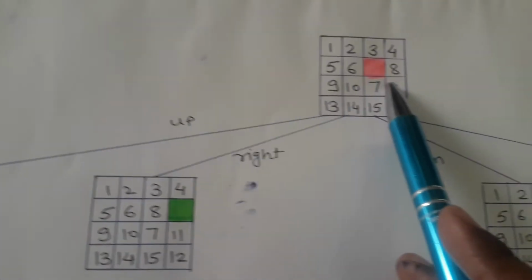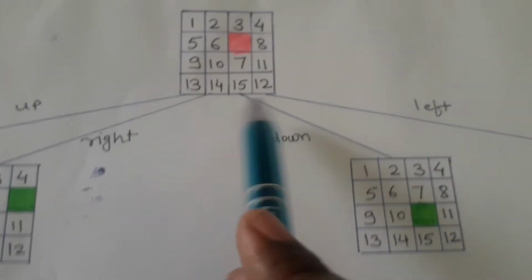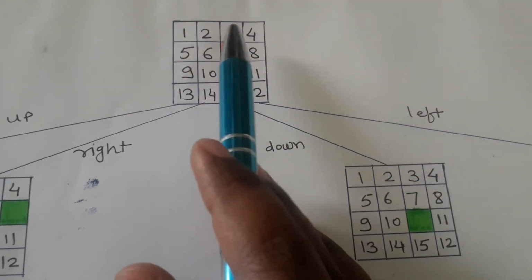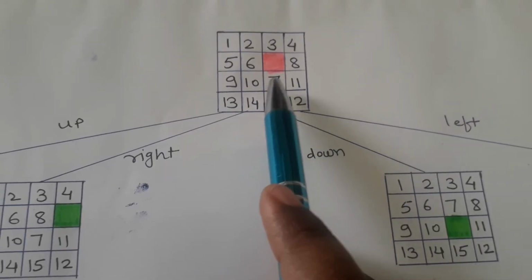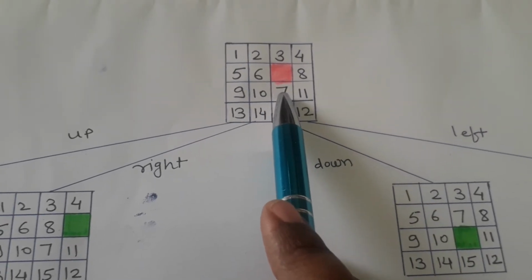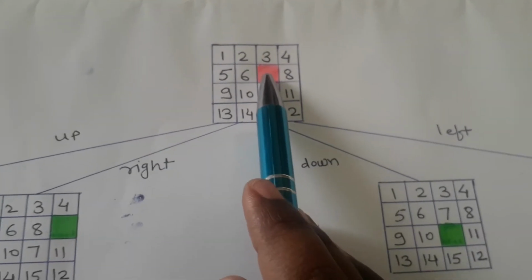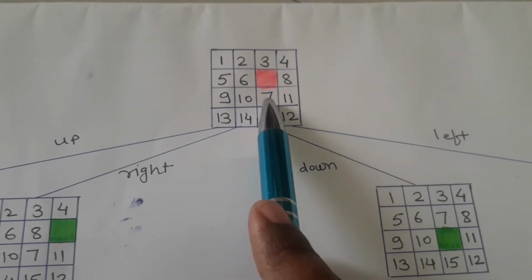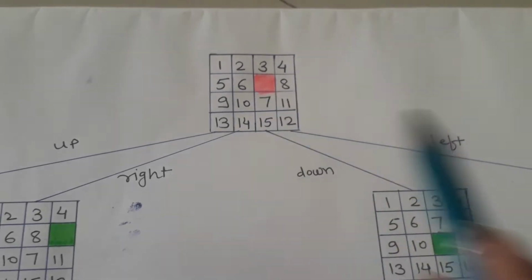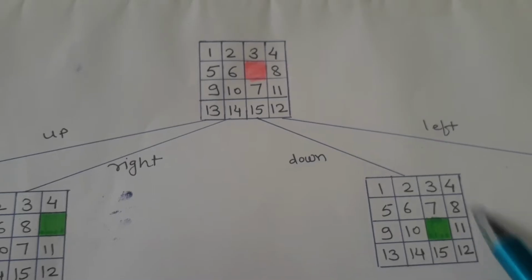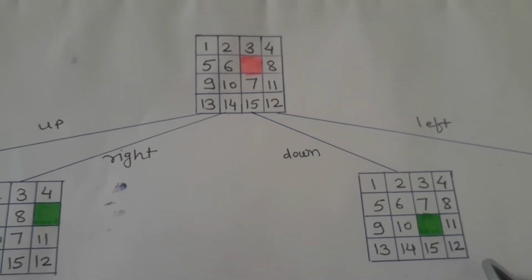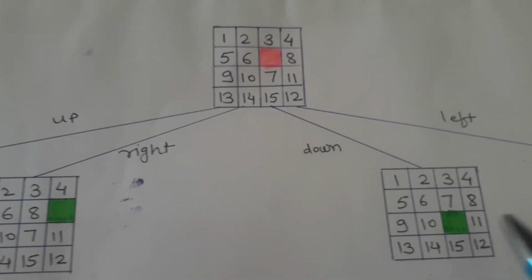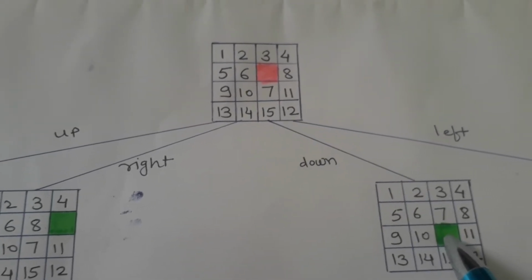After that, we will see the next 2 cases, where 3 and 8 are moved. Now the tile present in the down direction moves to the empty spot. In that case, this 7 comes to this empty spot and we will get this state.